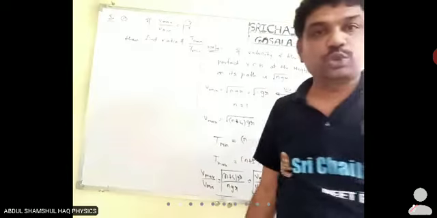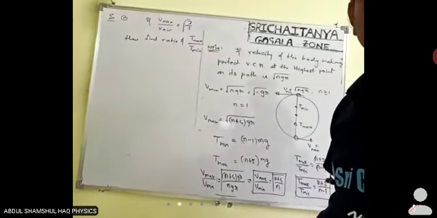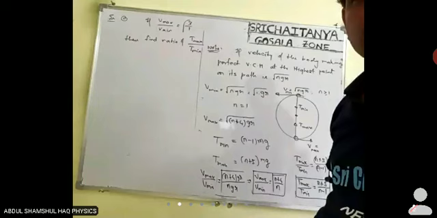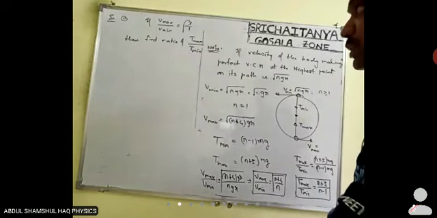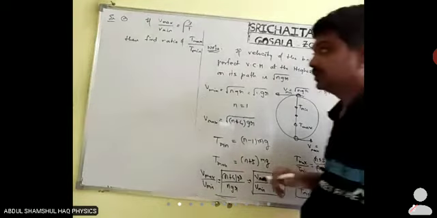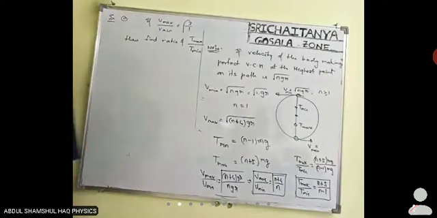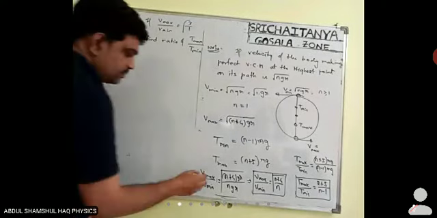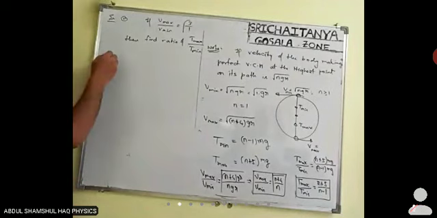Let me see who is going to give the early answer. Students, you have to answer V maxima by V minima. Sumant is giving answer 7:1. Okay, let us check.